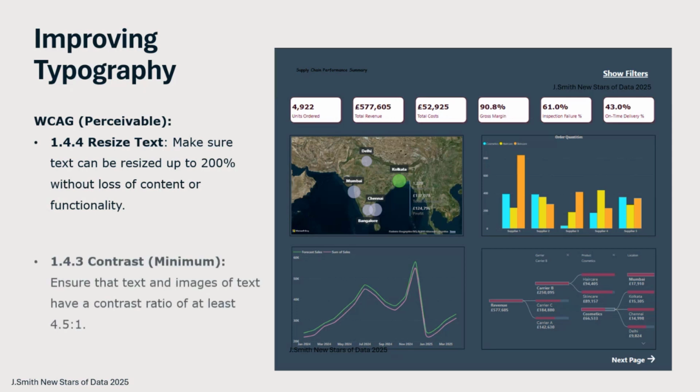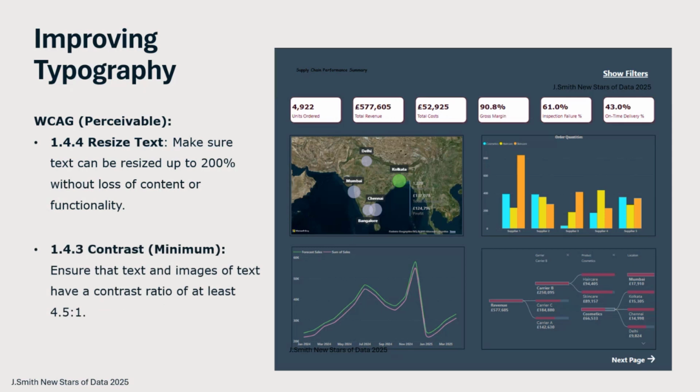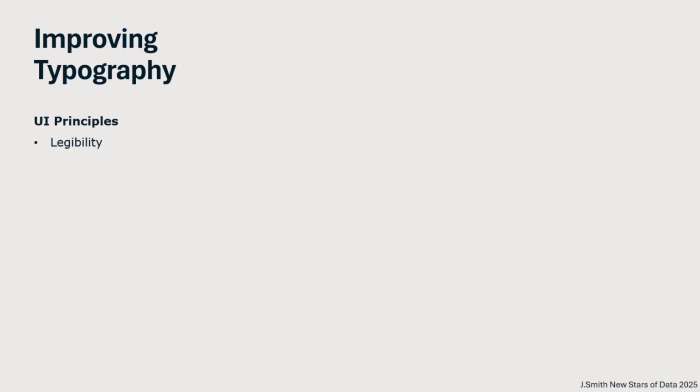And we also have criterion 1.4.3 on contrast. So we need to ensure that the text and images have a contrast ratio of at least 4.5 to 1. And this makes the text readable for all users. We're going to talk about color a little bit later on. Let's just focus now on the fonts.